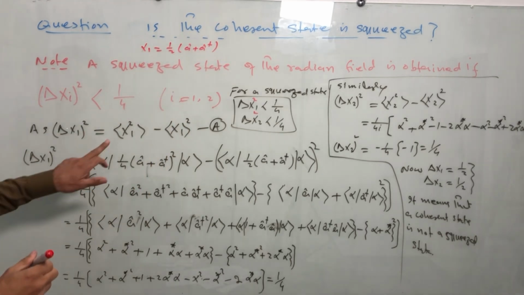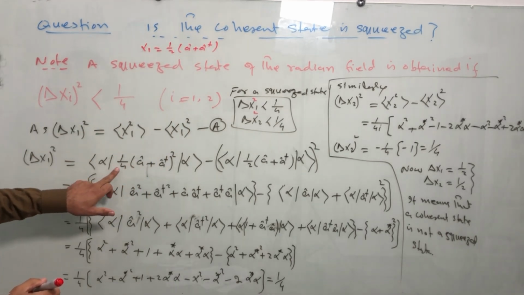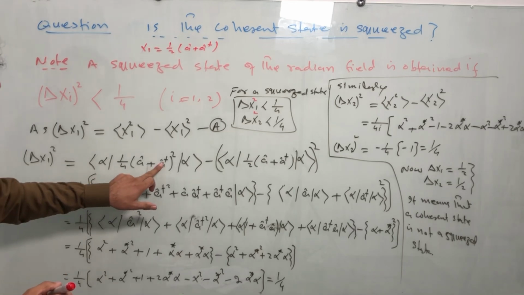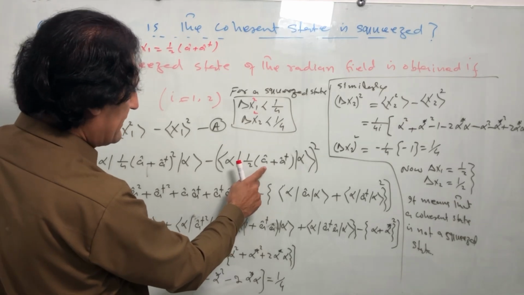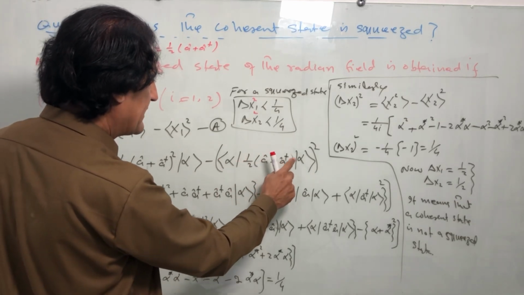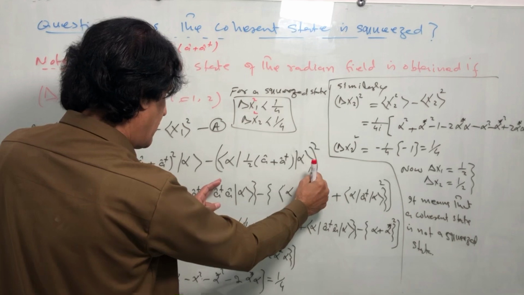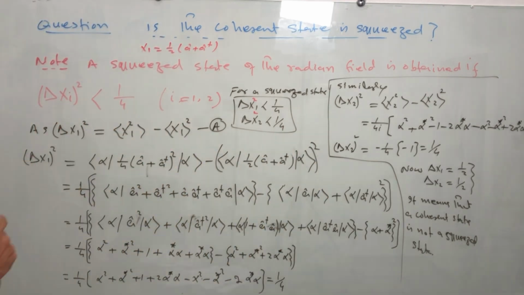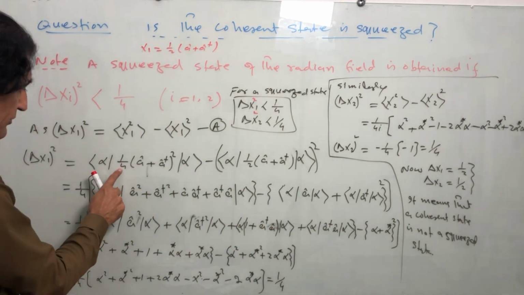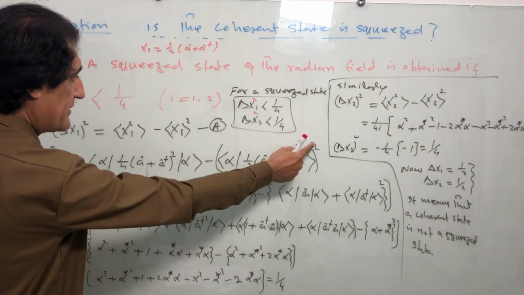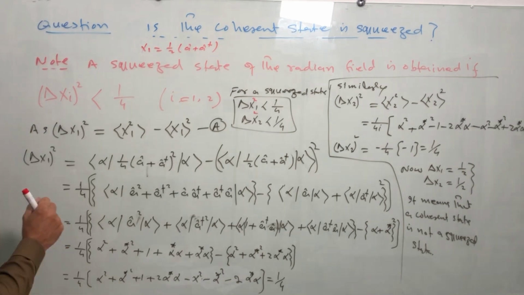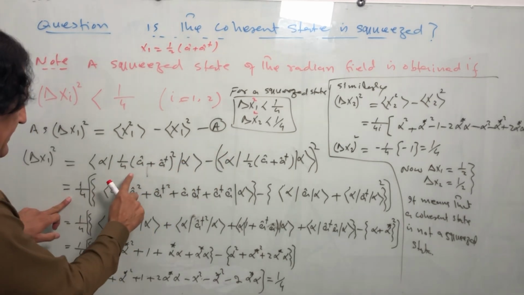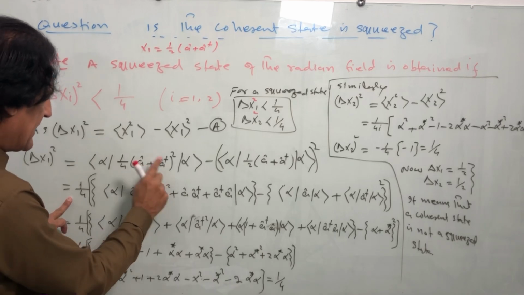Putting the value, x1 squared is 1/4 (a plus a dagger) whole squared. I can take 1/4 common here.